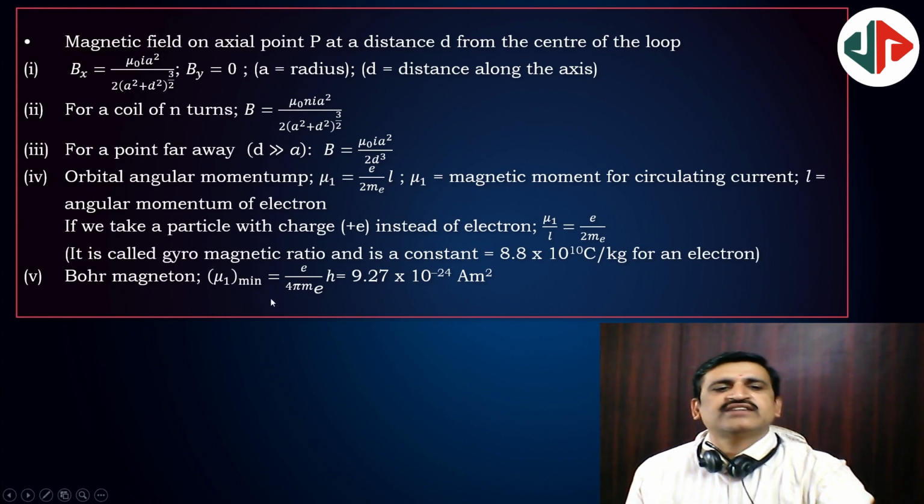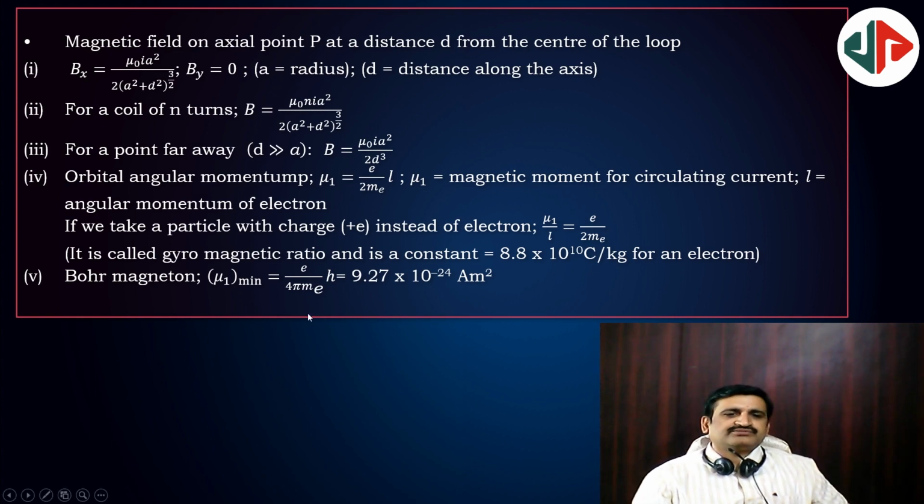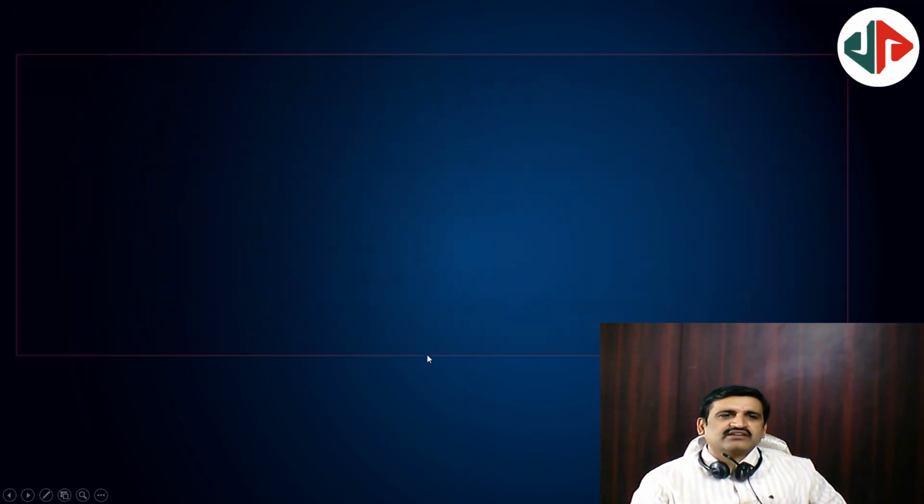Bohr's magneton is equal to e h by 4 pi m, which is equal to 9.2 into 10 to the power of minus 24 ampere meter square.